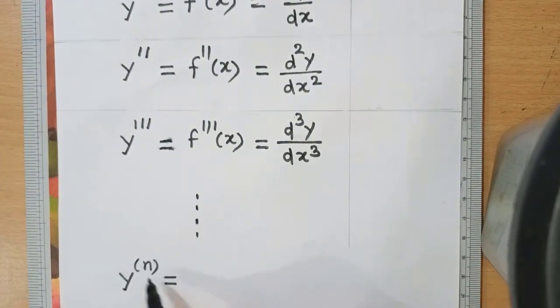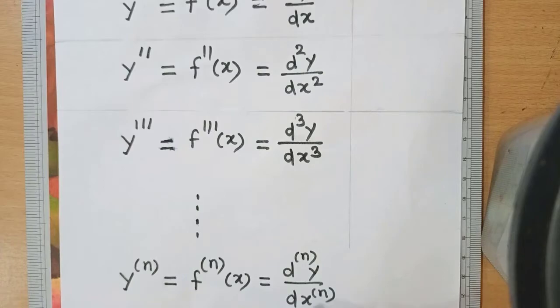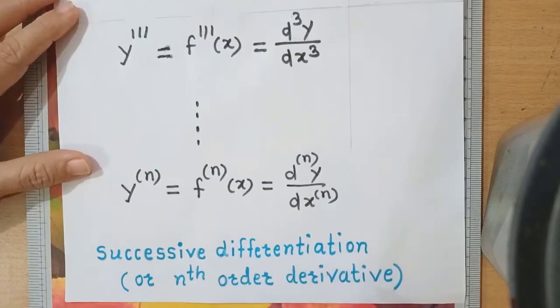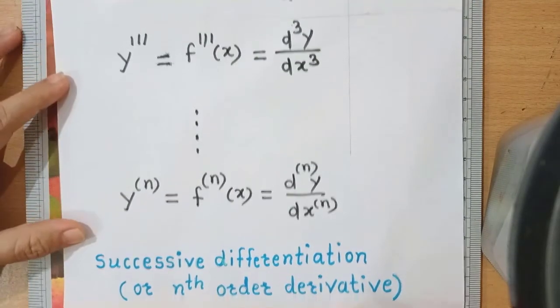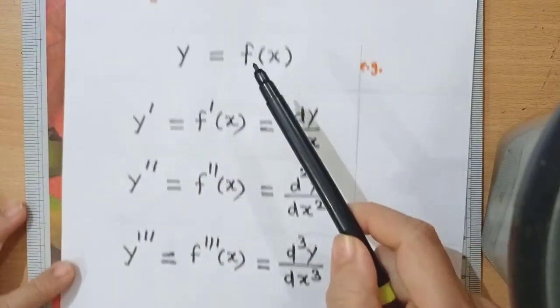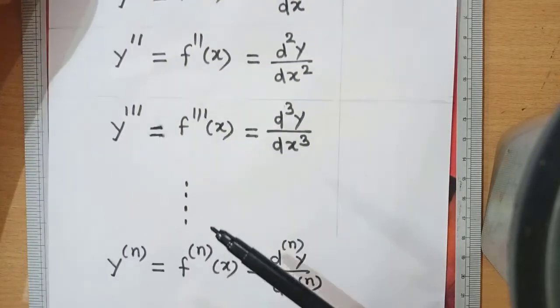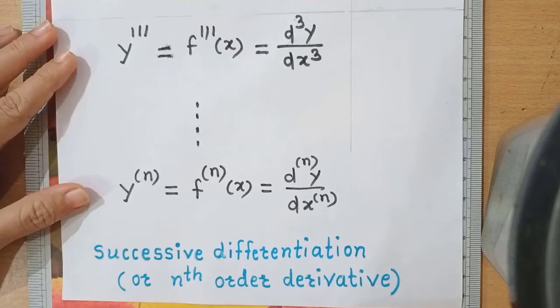We have y_n is equal to f^n(x), and that is equal to d^n y by dx^n, and this is called successive differentiation or nth order derivative. Means the process of differentiating the given function successively n times is called successive differentiation.